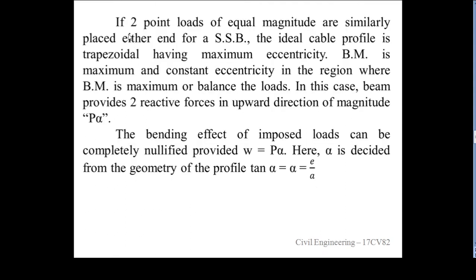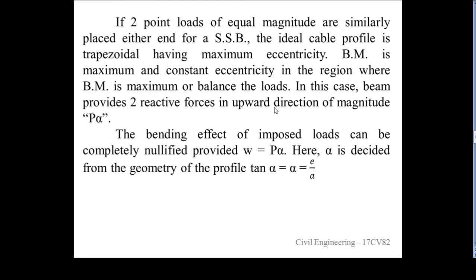Then, if two point loads of equal magnitude are similarly placed at either end of a simply supported beam, the ideal cable profile is maximum and constant eccentricity in the region where bending moment is maximum, to balance the loads.